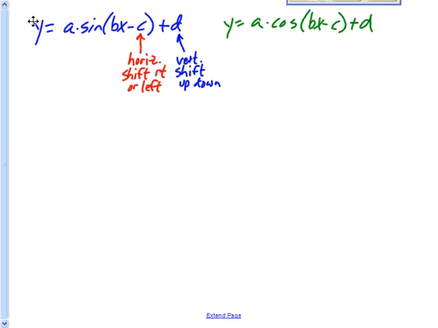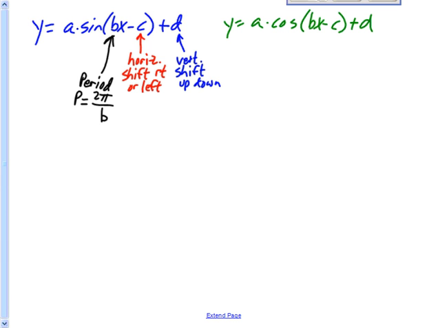Now the A and the B there, okay? The B is going to give us the period, because that's how much you're horizontally stretching or shrinking this thing. So we want to remember here, let me point to this B, the period is 2 pi over B, whatever B is.